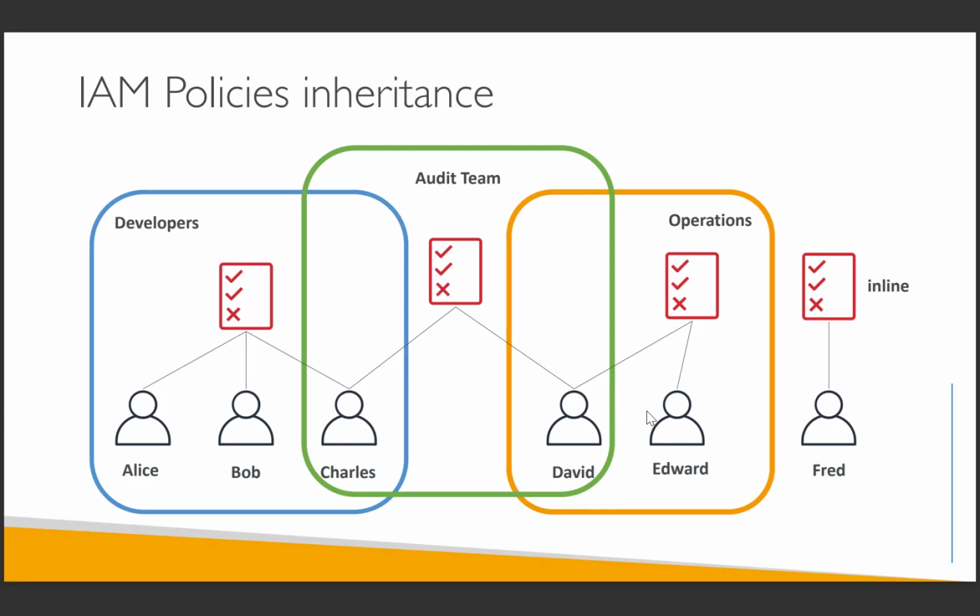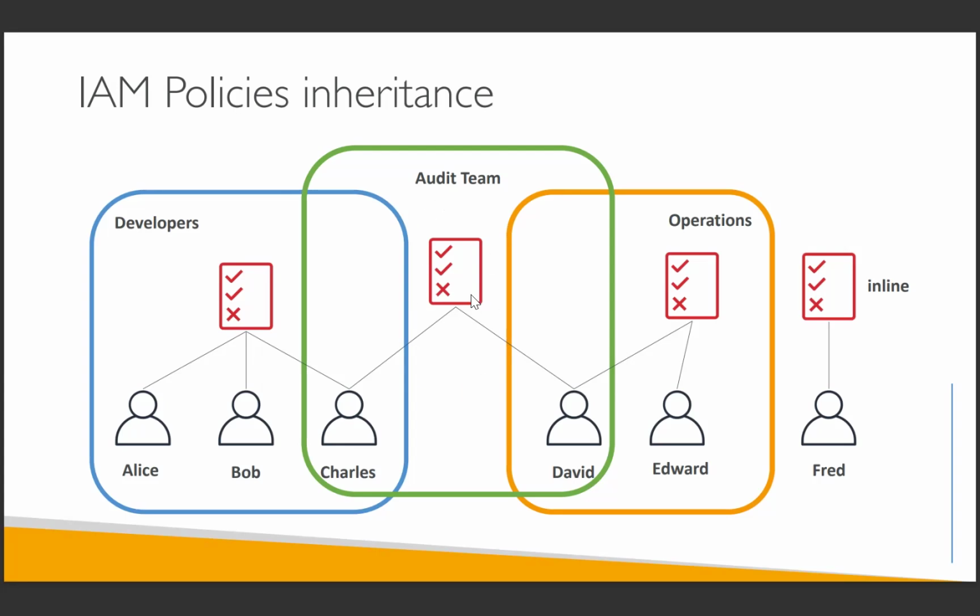Suppose we have a requirement in which some people, like Charles, need to be part of developers also. Part means he needs to have the access which developers have, and he also needs the access which the audit team wants.